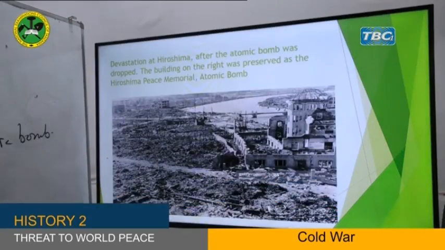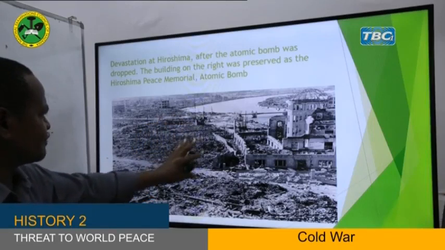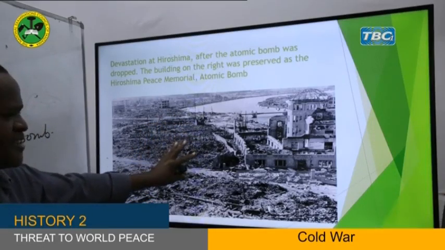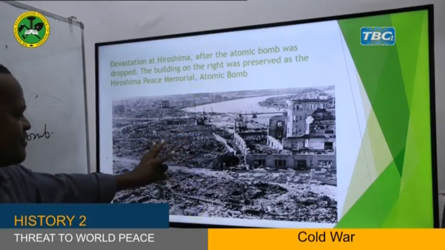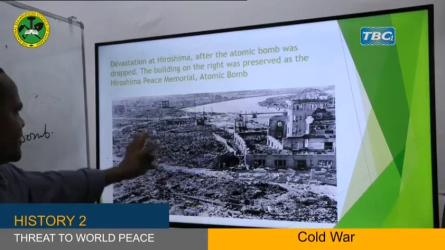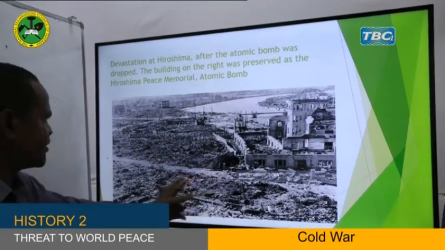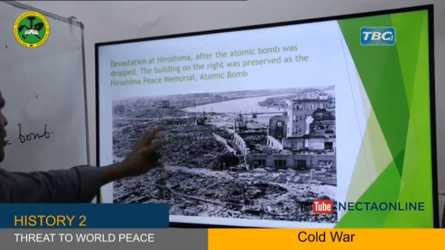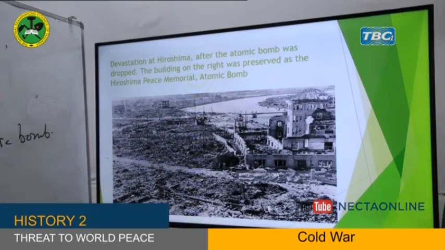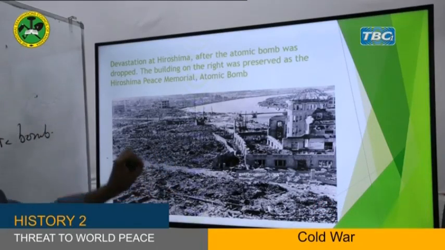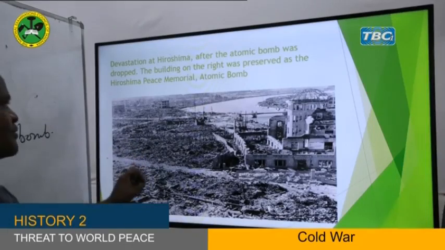My dear students, as you can see, this is Hiroshima, and you can see the way Hiroshima was destroyed by the atomic bomb made by the United States of America. This was a very clear message to the Soviets: if this bomb did such destruction, what would happen if the Americans were to drop two or three bombs of that kind?